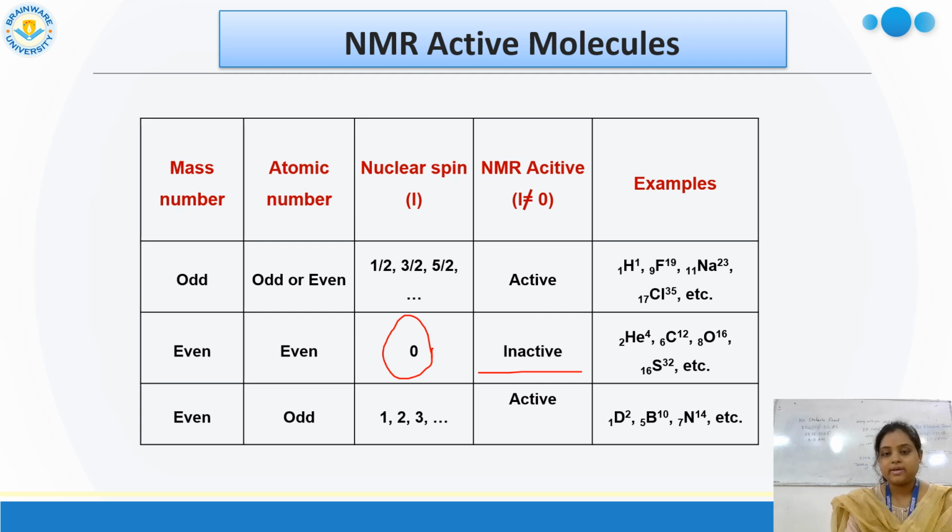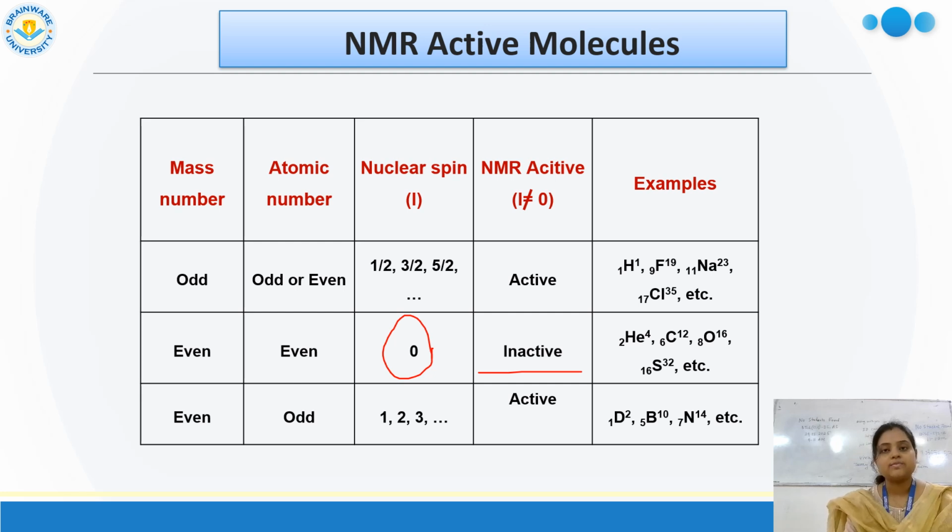For example, here the helium, carbon, oxygen, sulfur. If you see this mass number, all are divisible by 4. So if the mass number can be divided by 4, then it will be NMR inactive.